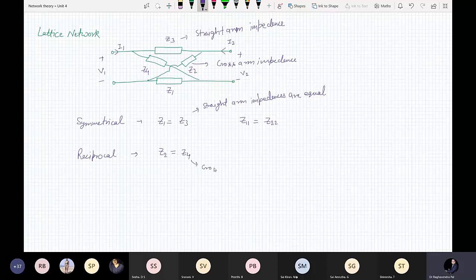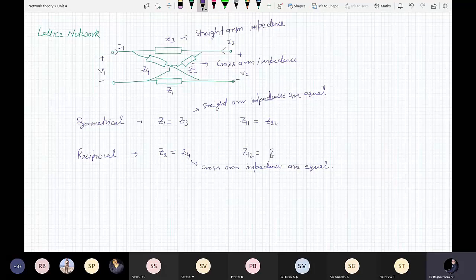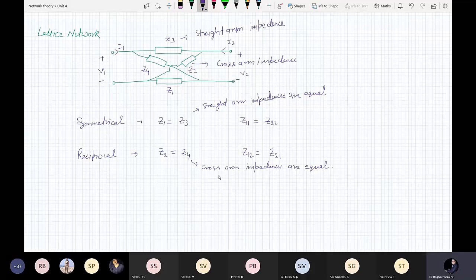I will write here, cross arm impedances are equal. Correct. So for this reason, Z12 is equal to Z21. Okay. So these are the conditions for symmetrical and reciprocal lattice network.